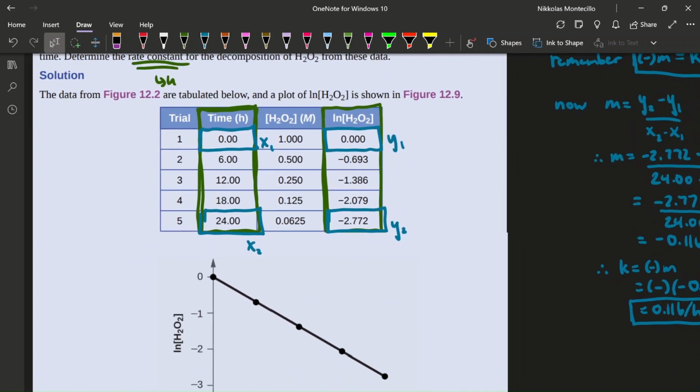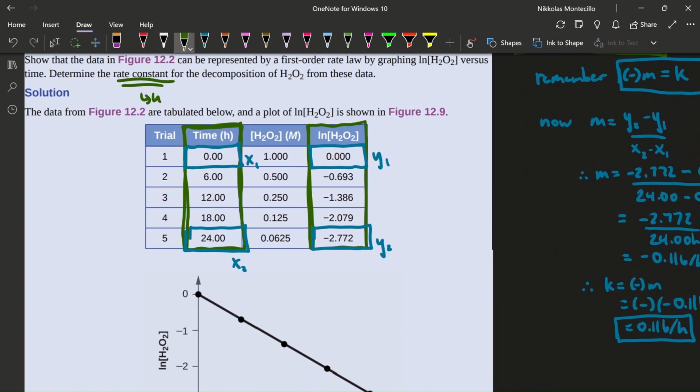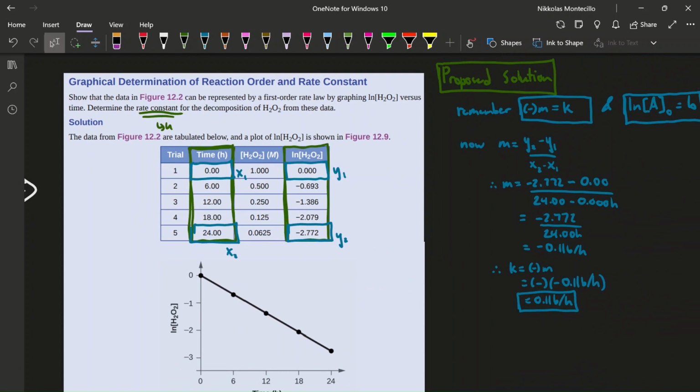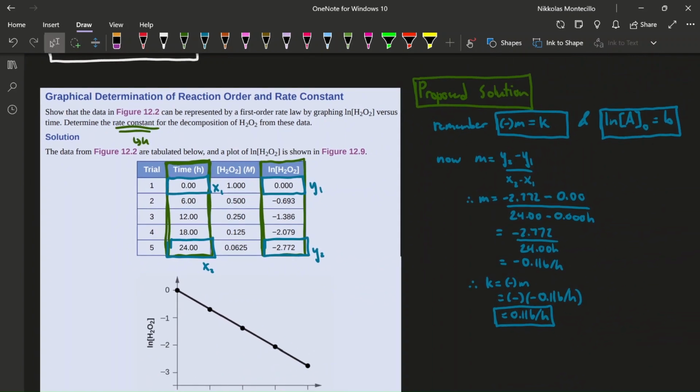As we can see here from the experimental data, the y-intercept here is 0.000. Okay, but we don't necessarily need to find the y-intercept here, because what we're looking for is k.